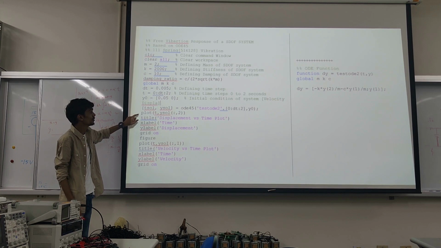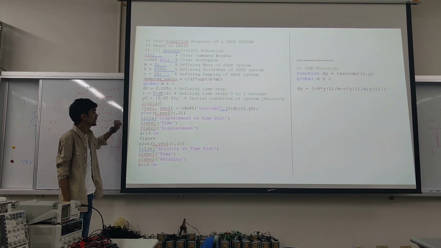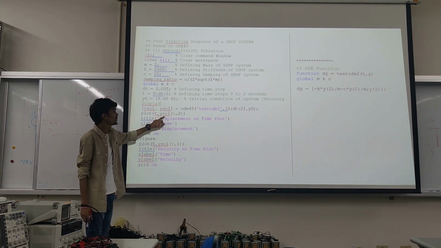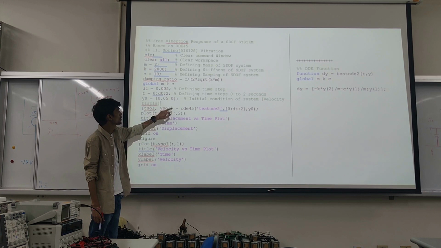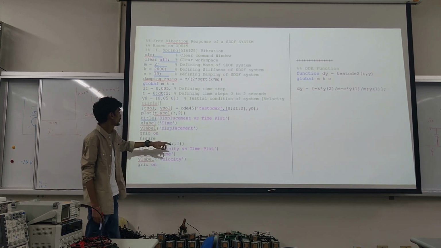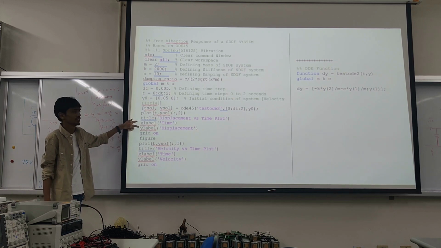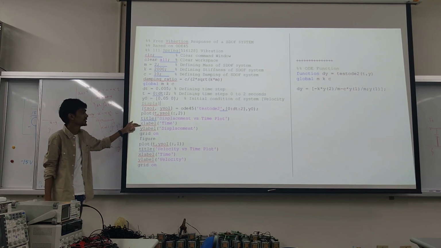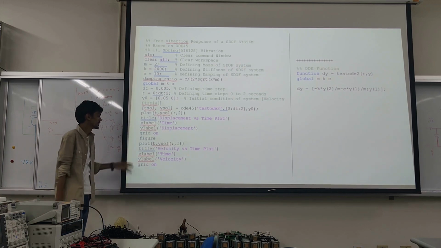So now we have to plot displacement versus time. Okay. So plot t comma y solution of 2. The 2 means the displacement. So we are going to plot the displacement. The x label and y label are just the x axis and y axis. On the x axis we are putting the time, and on the y axis the displacement.